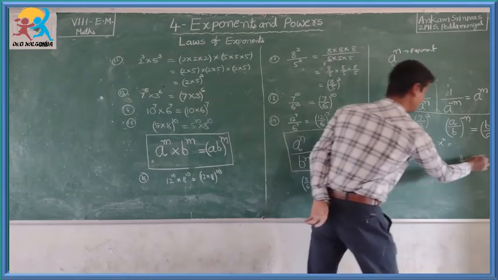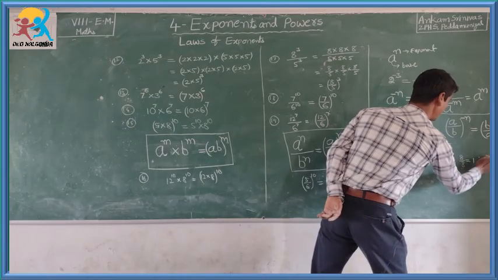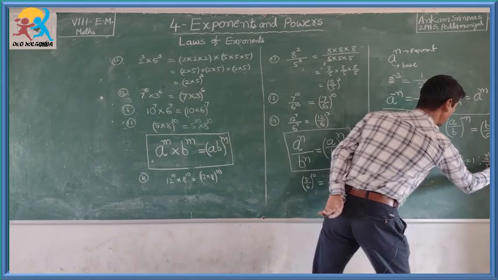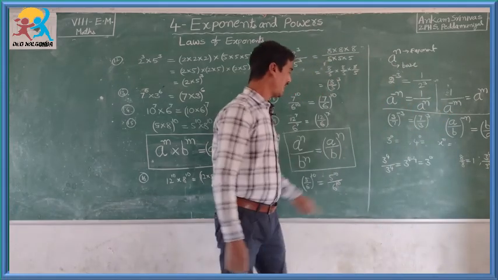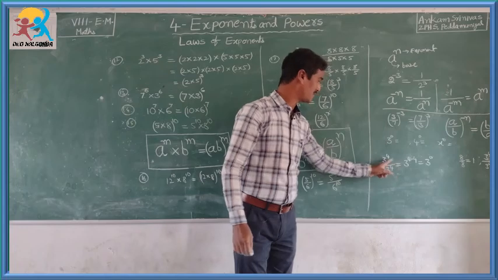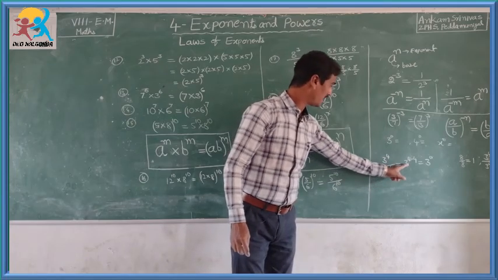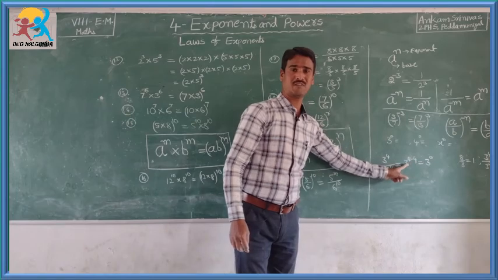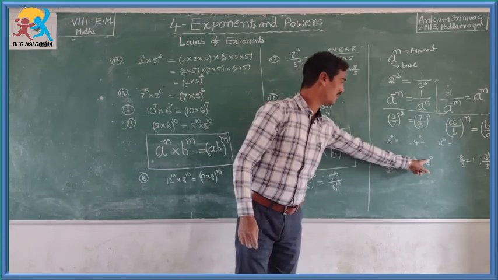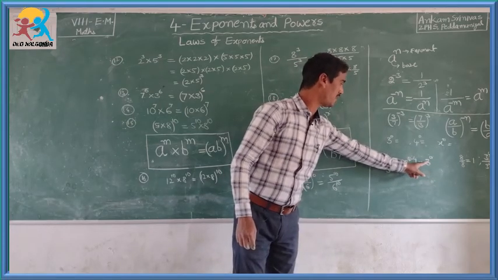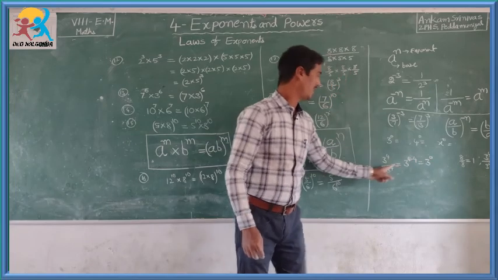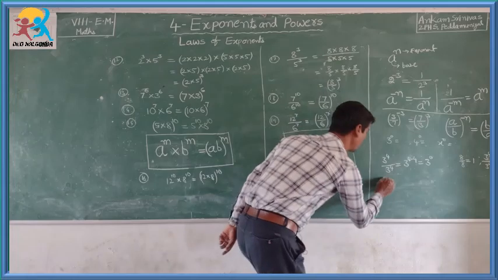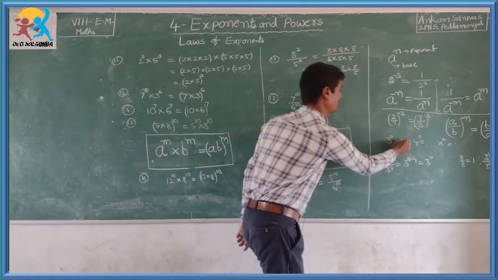So 3 power 4 by 3 power 4 also will get 1. So as per formula we got 3 power 4 minus 4, that is 3 power 0, and as per calculation we get 1. So what is the value of 3 power 0? 1.